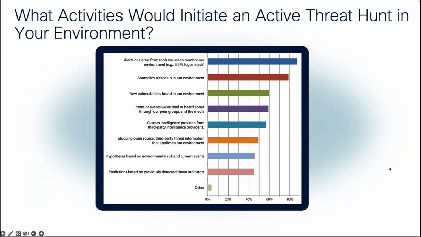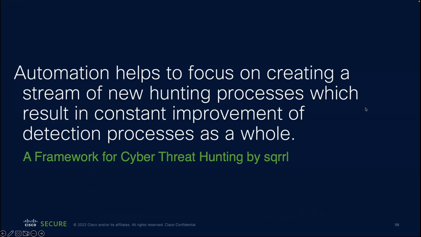So another reason we are looking at this specific use case with taking an endpoint event as an example is because that's what majority of the companies do. They look at events and alarms that are already present in their environment that they either get from SIEM or an EDR or an IDS or an IPS systems, so something that has been already detected in their environment, and they triage those events, right? And that's essentially what majority of the companies call threat hunting, right?